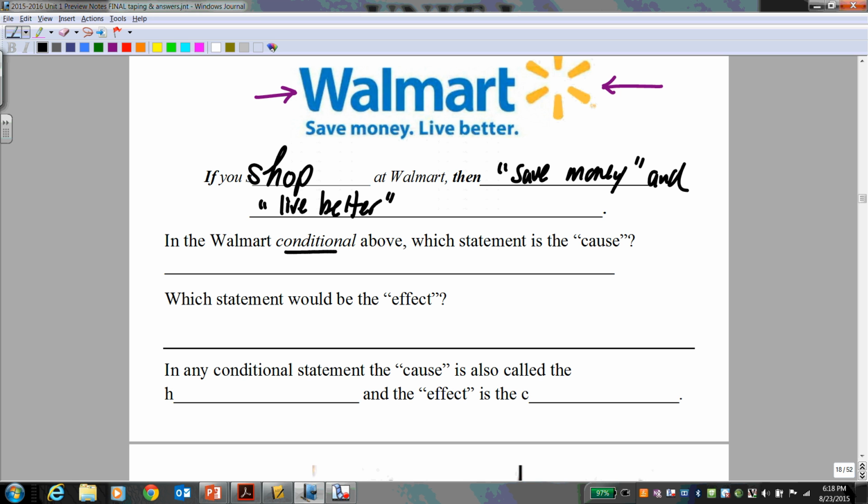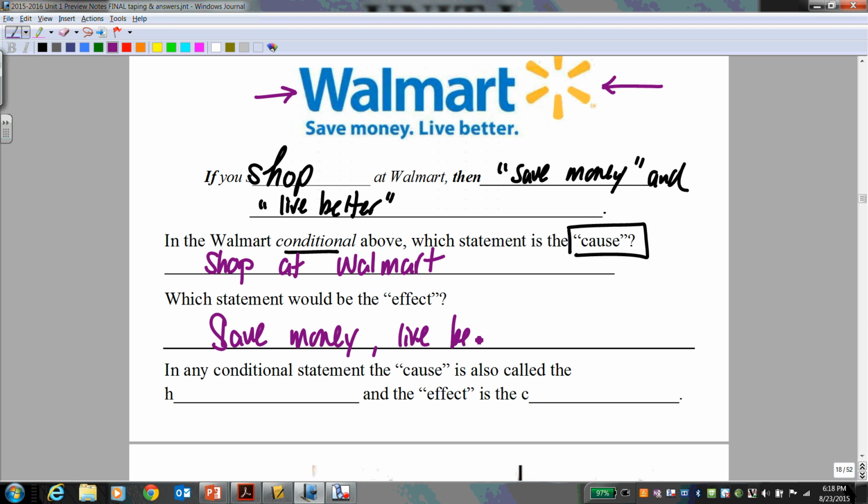In the conditional up here, which statement is the cause? Technically, you don't see the cause, but it's implied. The cause is if you walk through Walmart. So the fact that you shop at Walmart. And then the effect will be that you will save money and live better.